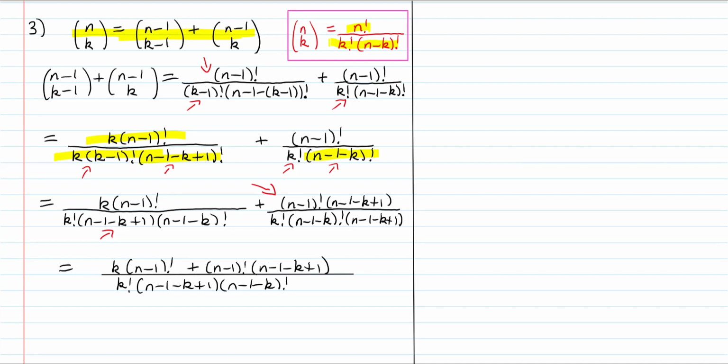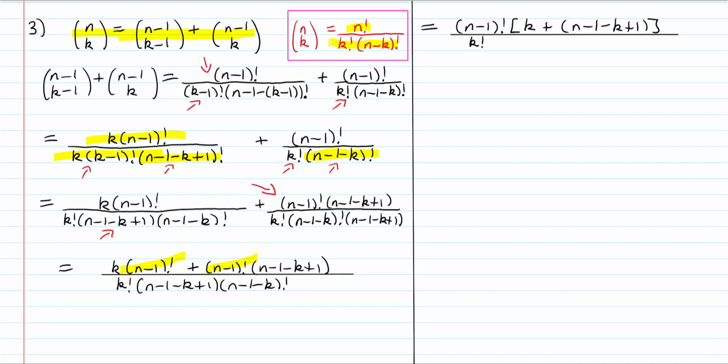So we're almost there. We can simplify this a bit more. In the numerator we've got this common factor of (n-1)!, and we can simplify our denominator a bit more as well. So this is equal to (n-1)! times (k + n-1-k+1), all over k!.